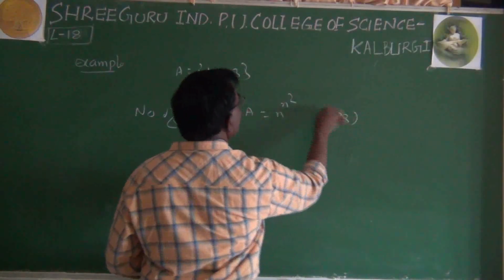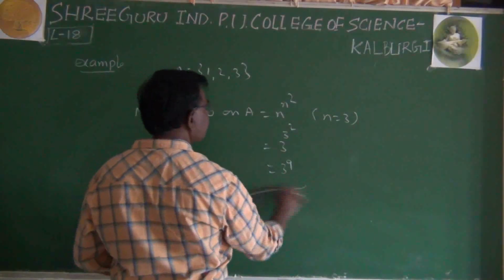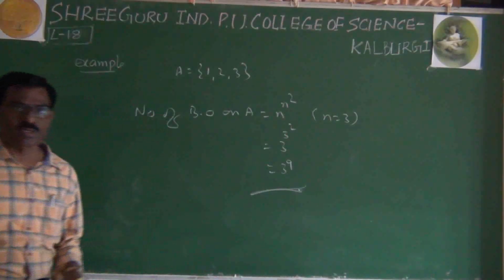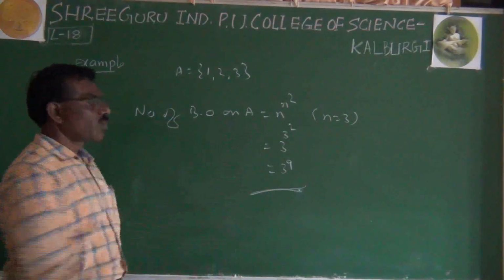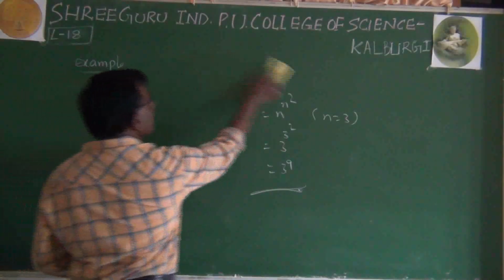What is n? 3. So 3 to the power 3 square, so 3 to the power 9. If there are 2 elements, then 2 to the power 4. So n is the number of elements of set A.